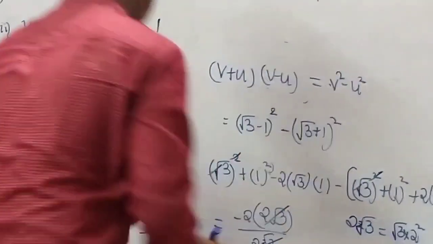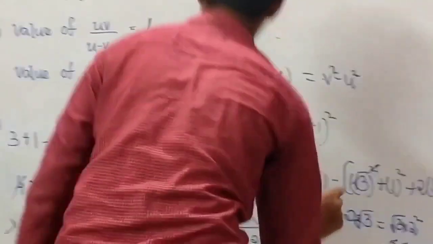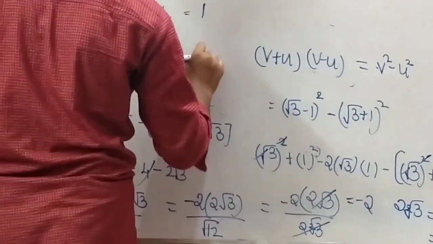Now 2 root 3 will cancel, and the answer is minus 2. The answer of the third question is minus 2.